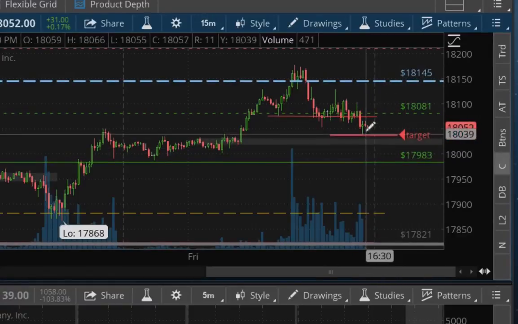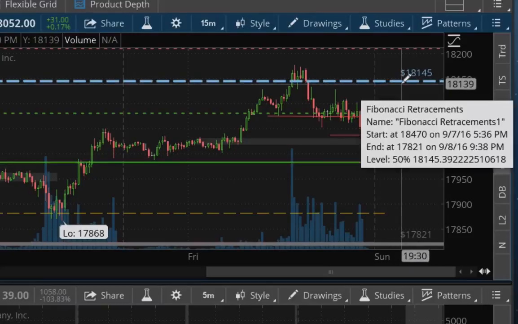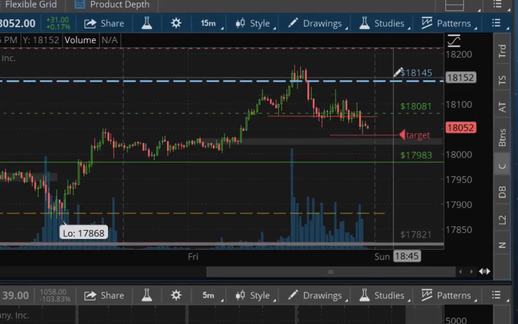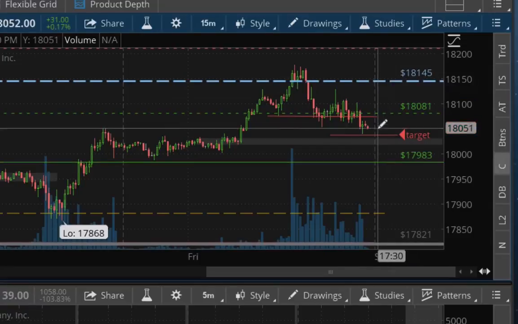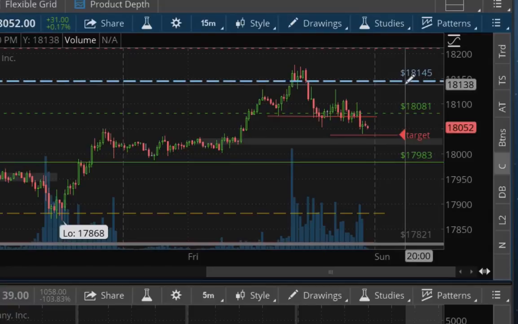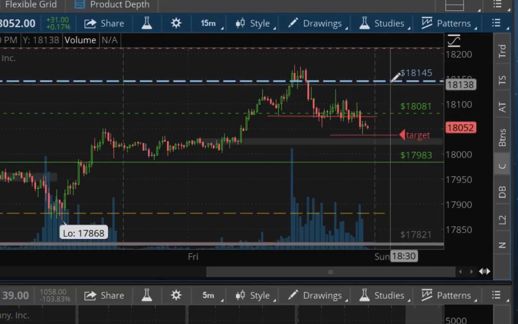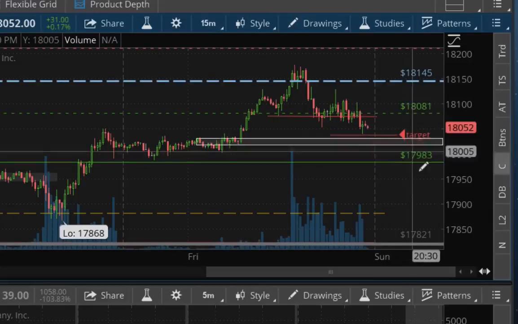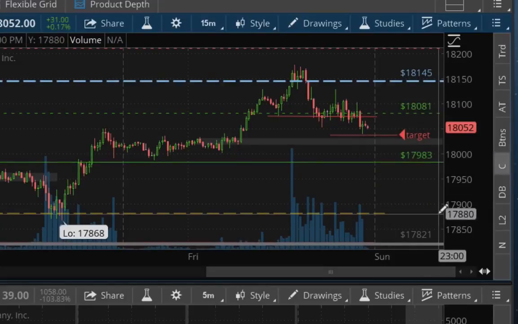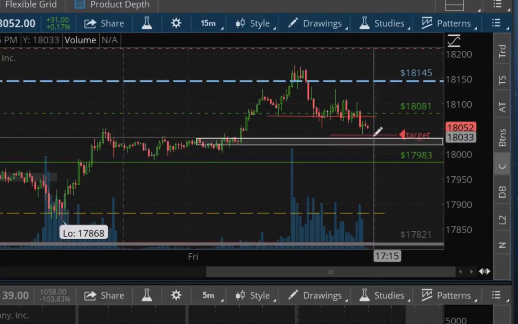So we could see a little bit of a drop here, maybe another push towards that 18,145 level. It depends on whether or not insiders want to accumulate stocks on Monday or distribute stocks. If they want to distribute stocks, they're going to take it right back up to that 18,145 level and then start to drop again. So it all depends on what we do Monday morning.